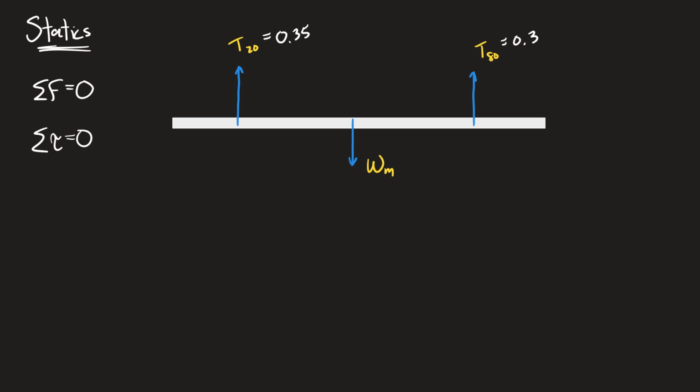Hard to know, it keeps changing. I think I'll go 3.2. Find the weight of the meter stick, pretty straightforward here. With net force equals 0, I'll get 0.35 plus 0.32 minus weight of meter stick equals 0.